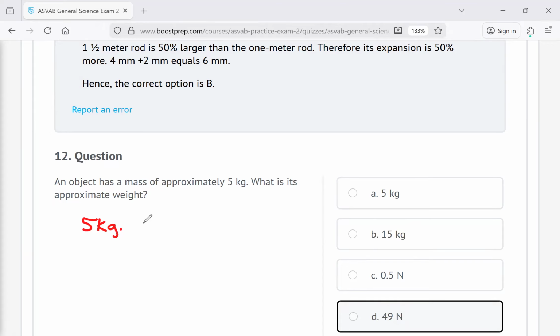I think the acceleration is 9.8 meters per second squared. Would that give you 49? So yeah, it's the mass times the acceleration. That's how they got 49 newtons.